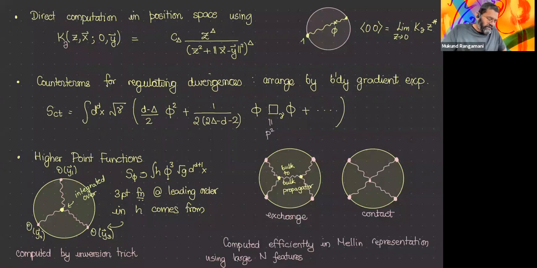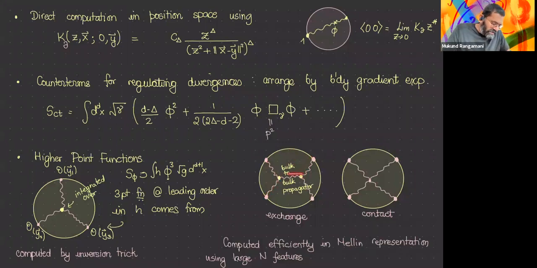Let me say one thing which is quite nice. So the Mellin representation of the correlator is an integral transform of the standard position space correlator with respect to some integration variable, just like the conformal dimension. In that representation, this 4-point function with the exchange can be truncated to a contact of the following kind. Some star-like diagram.